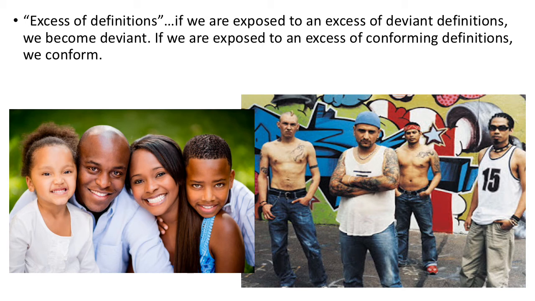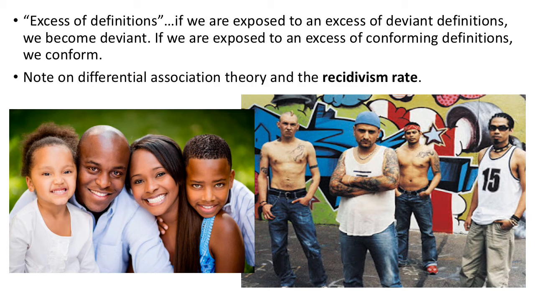Now, there is a way that differential association theory gets applied in real life, and it has to do with the recidivism rate. There is a place in your book where Henslin talks about the recidivism rate. Some of you, I think, are criminal justice majors. You may already know what it is.